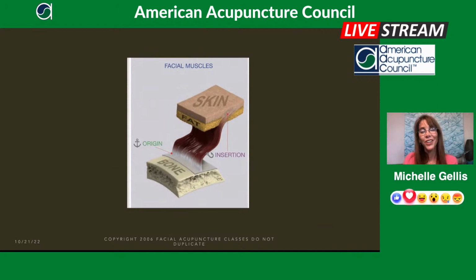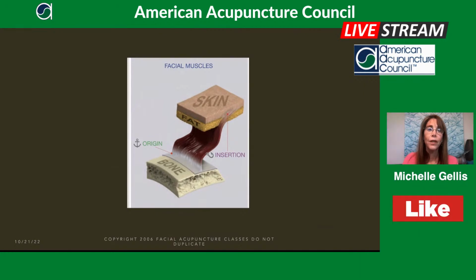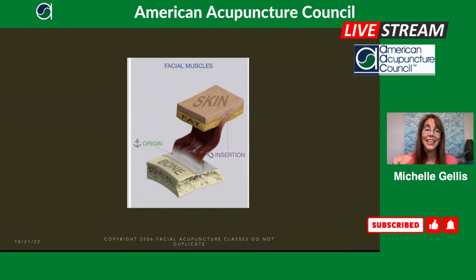So here's a pictorial representation of a piece of bone and a muscle and the skin. And the reason why this is important is because our face is the only part of our body where the skin layer is connected to the bone through muscle, which is why you can move the skin on your face without having to move any part of your face.